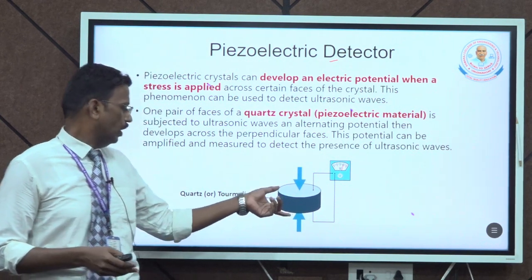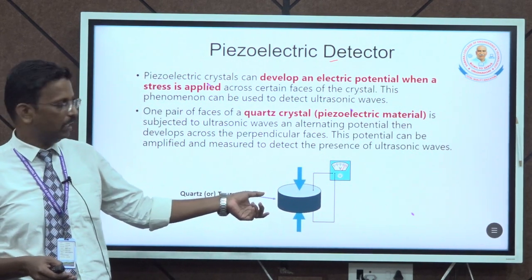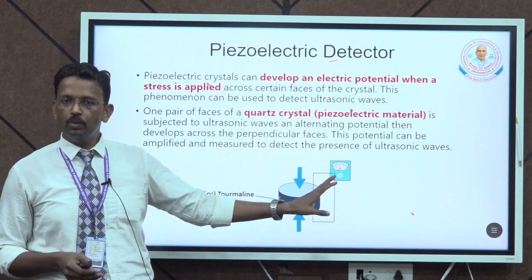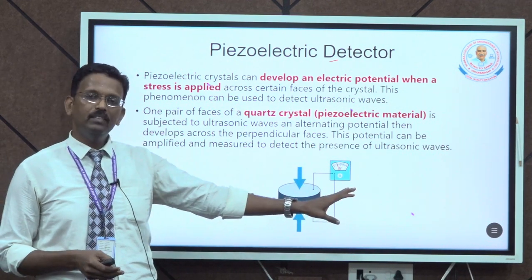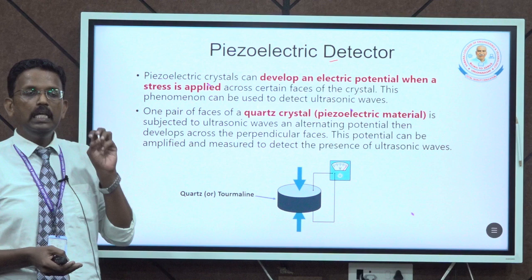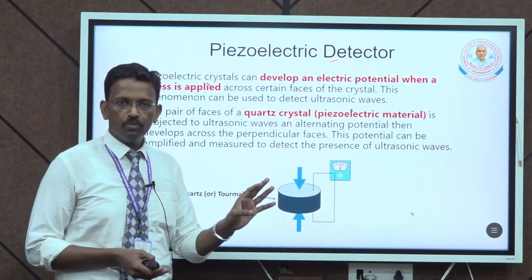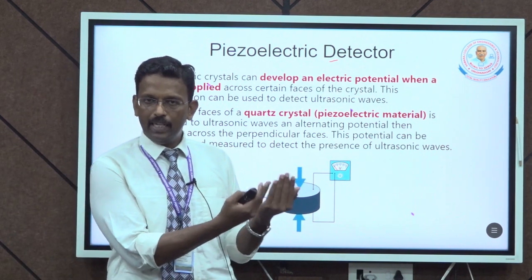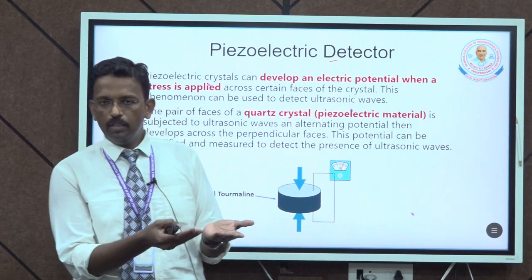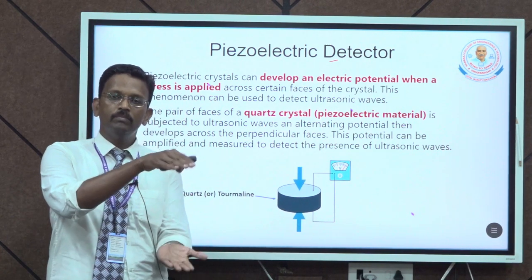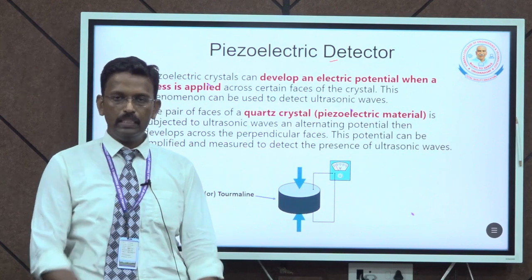Simply, take one quartz or tourmaline crystal. When we pass an ultrasonic wave through the path of this crystal, due to the presence of the ultrasonic wave, it forms alternate compression and rarefaction. That compression and rarefaction produce mechanical stress on the crystal.